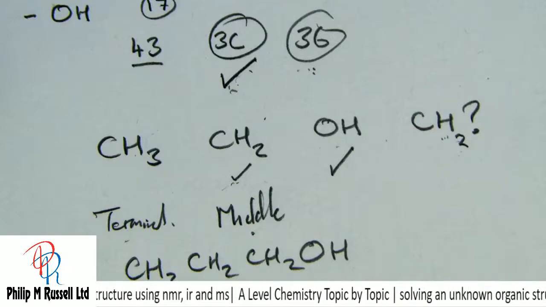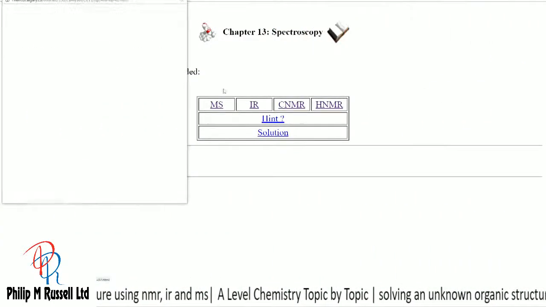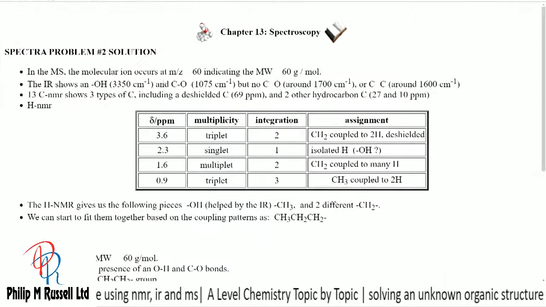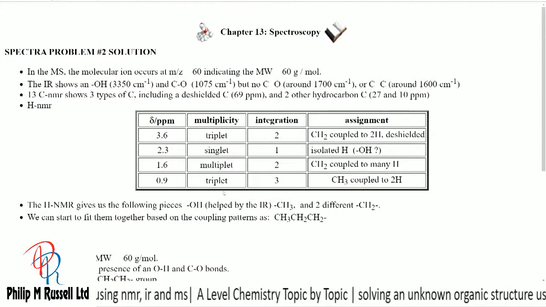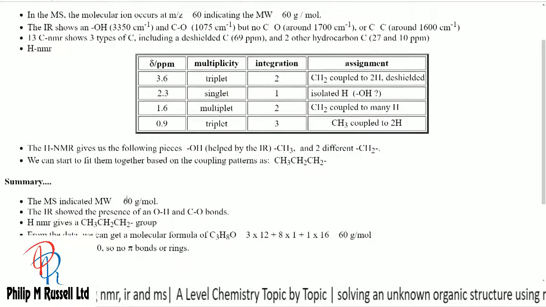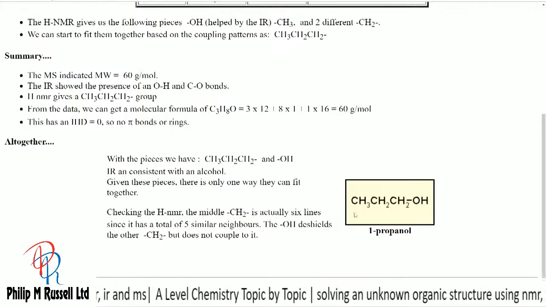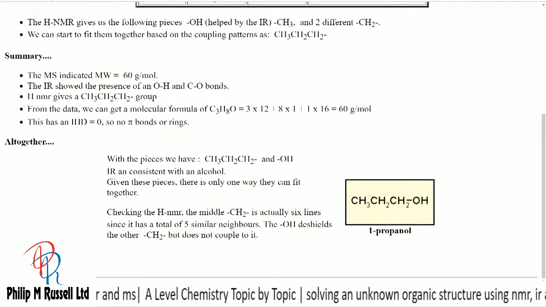Right, okay. So if you go over and we hit the solution and read through, here's the data: triplet, multiplet, there you go. And we have propan-1-ol. And you can check that you had those 6 lines.